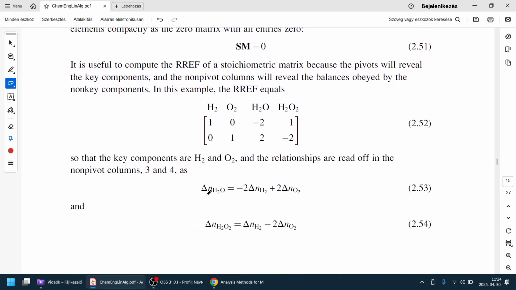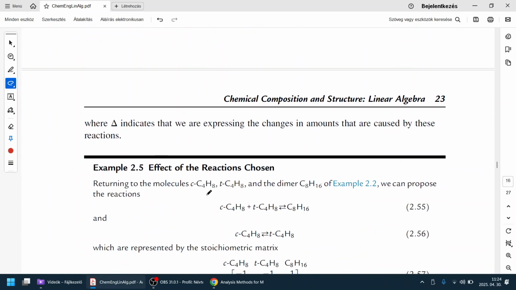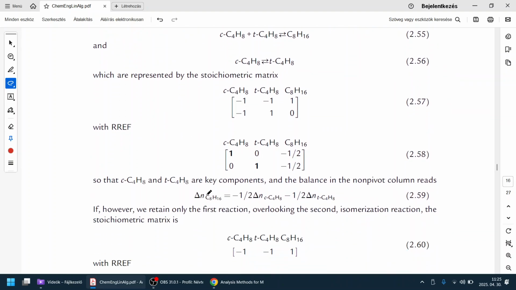Okay, here what I see is what we know, what balance is between the hydrogen, oxygen, water, and the hydrogen peroxide. Do you see anything else in this? Oh, I don't know. Perhaps it was not a good idea to ask them what to teach you. It's something similar.